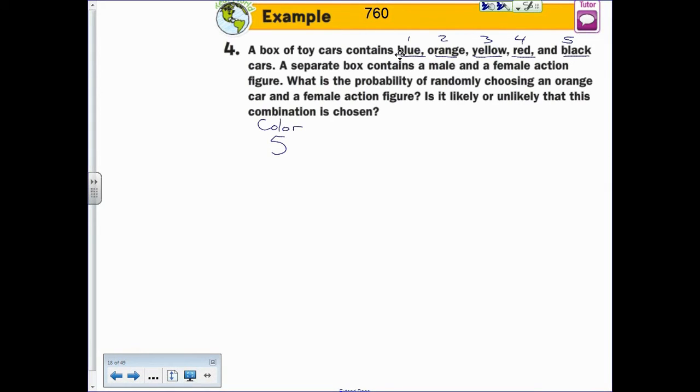And then it says a separate box contains a male and a female action figure. So how many choices of action figures do we have? We have 2, a male or a female. So how many total possible combinations are there? Well, that would be 5 times 2, or 10 total combinations in the sample space. And we want to know the probability of choosing orange with a female action figure.